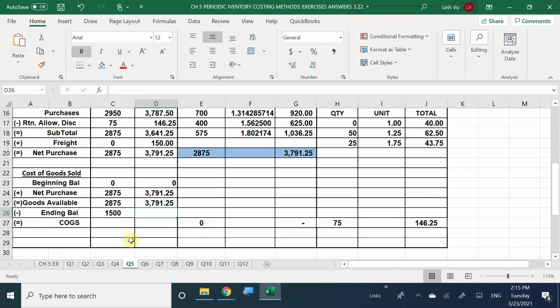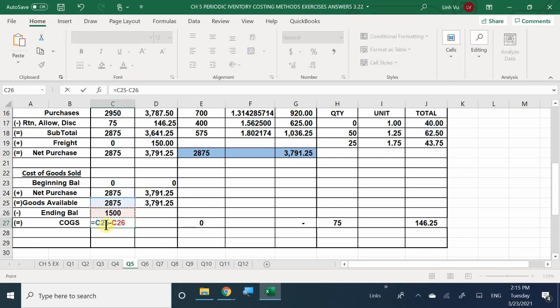So in this case, what is my cost of goods sold? If I started out with 28.75 and I only have 1,500 left, how many items did I sell? 1375. Okay? All right. So that's our end goal that we need to look for is we need to calculate our cost of goods sold for 1375 items.